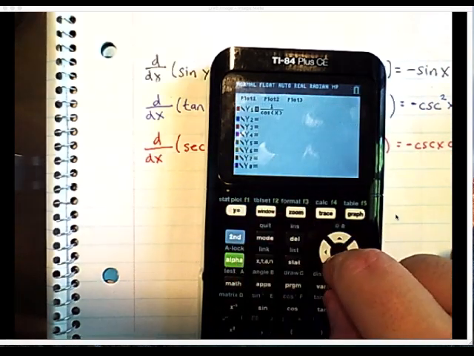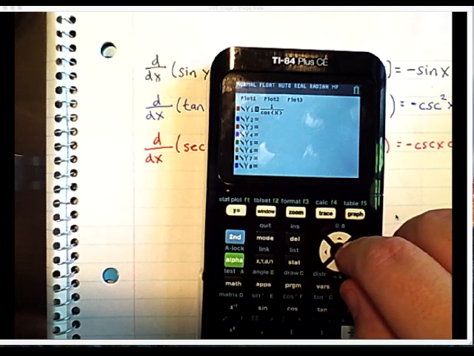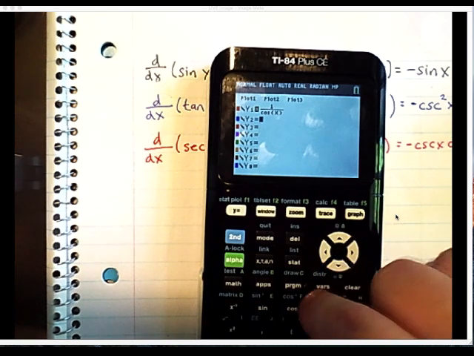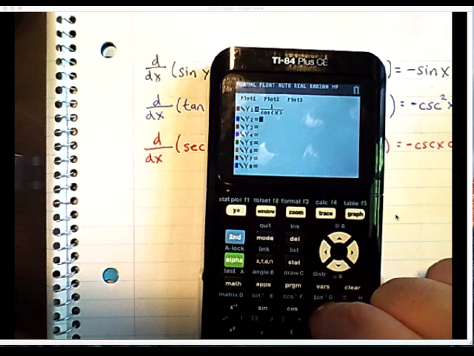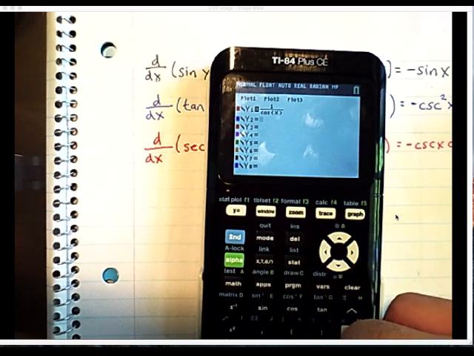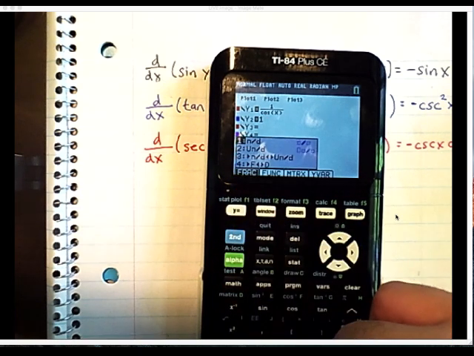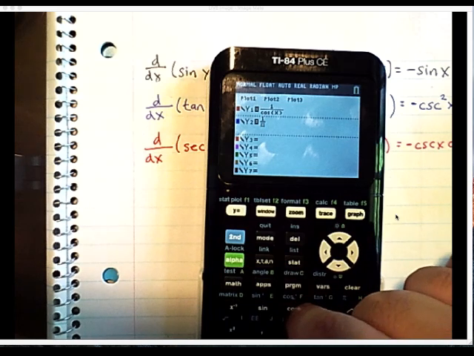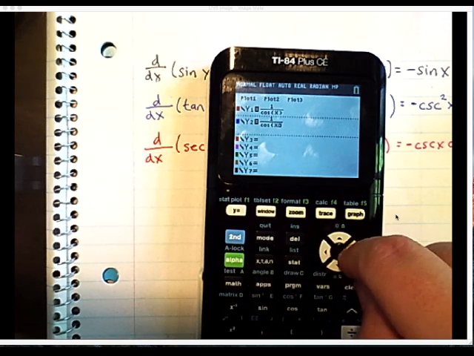The derivative of secant is secant tangent. Well, how would I type in secant tangent? I type in secant, so that's another 1 over cosine, times tangent.